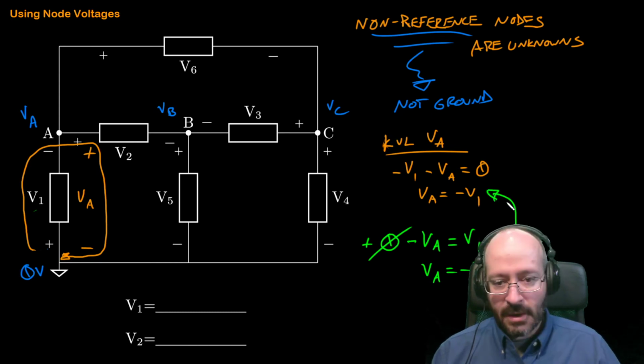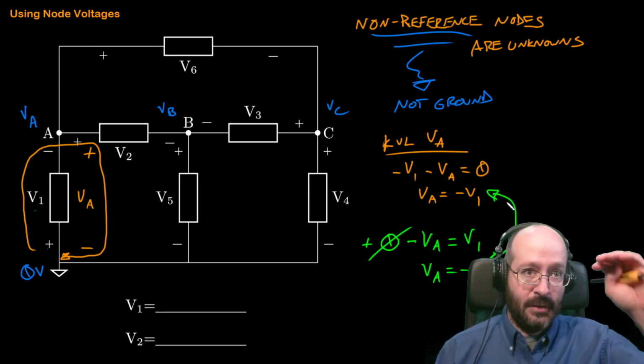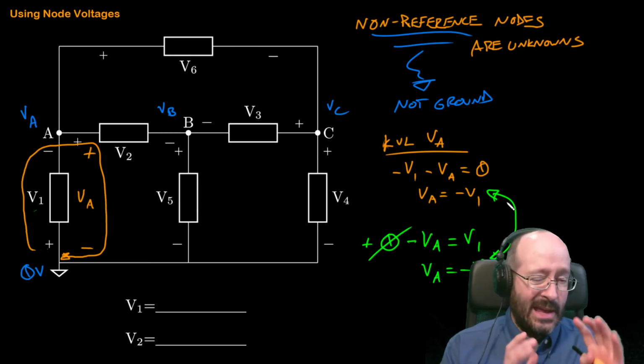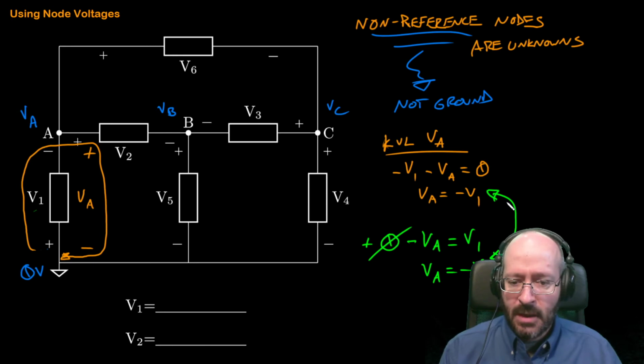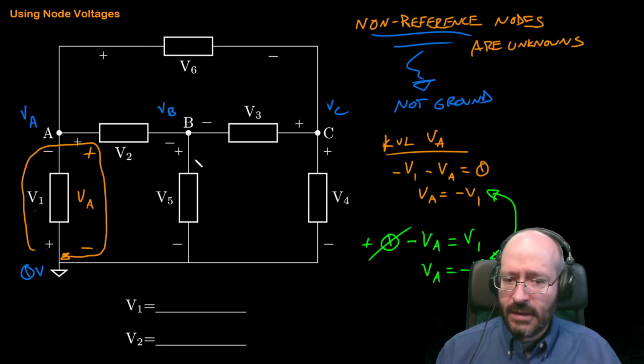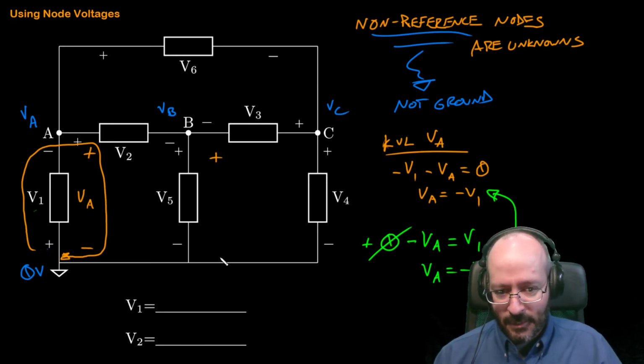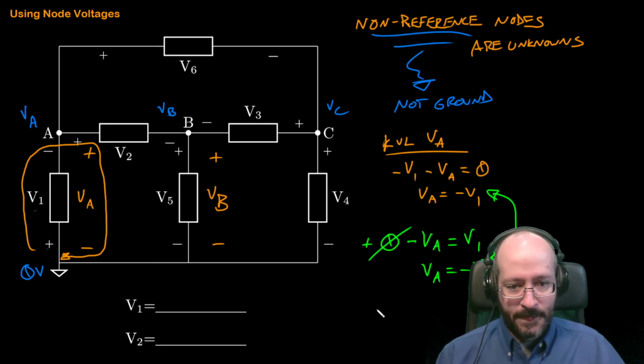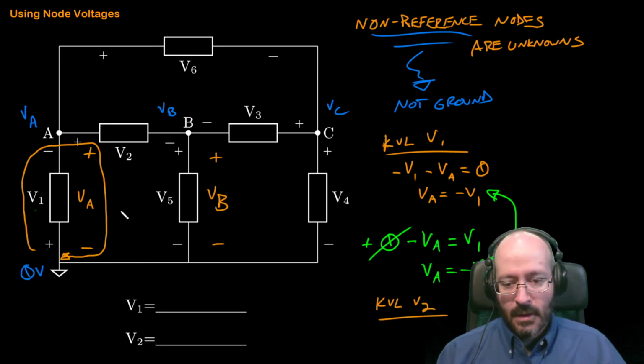I'm going to do one more like this. I'm going to do the KVL, and then I'll do the quick and dirty method. It works. It works every time. So let's come over here and say I had VB labeled over here, right? It's the voltage at B with respect to the ground node, and if I want to find V2, I should say this is the KVL for V1, and this is the KVL for V2.